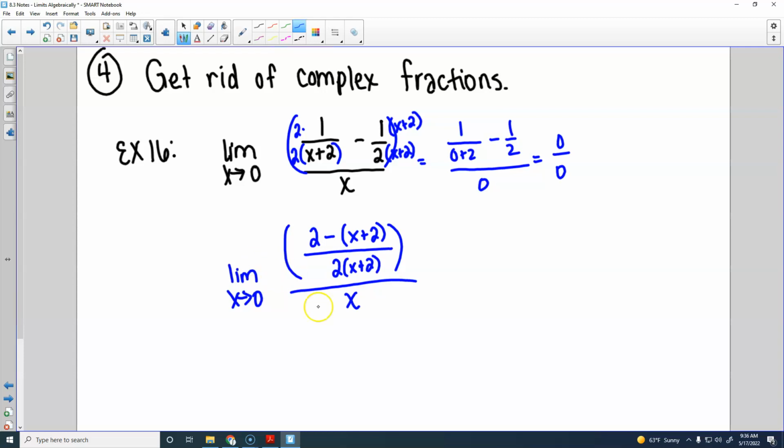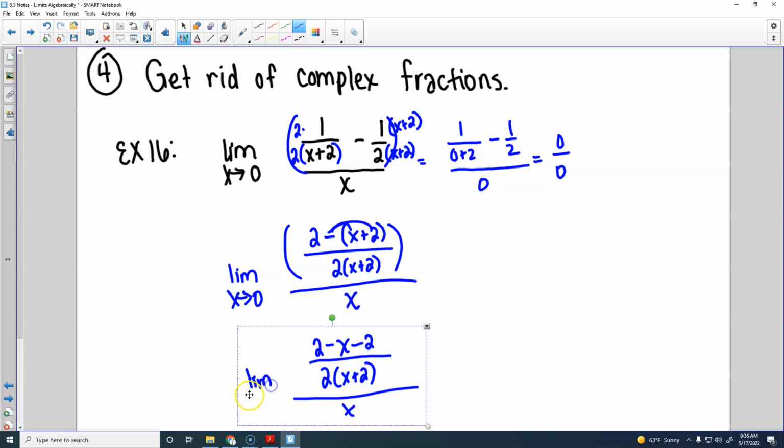Now, I would still like to simplify this numerator here further, so I'm going to distribute that negative. That'll give me 2 minus x minus 2 over 2 times x plus 2 over x. Keep that limit notation.